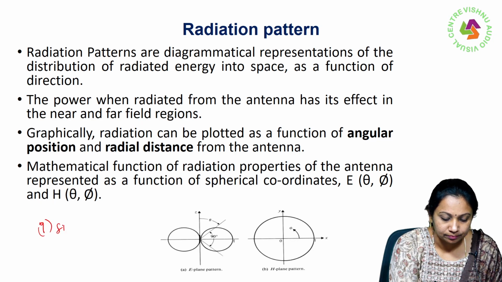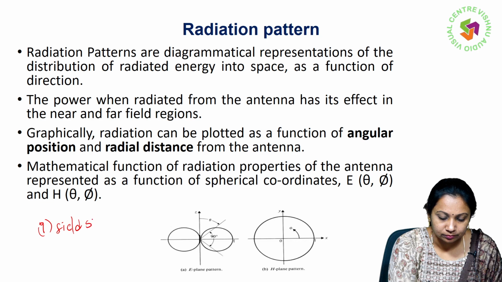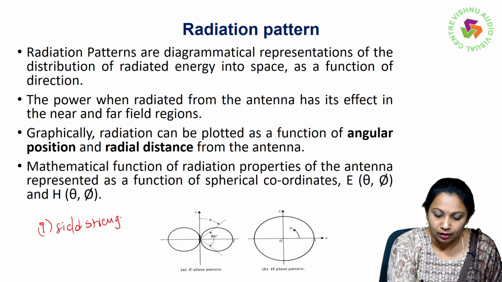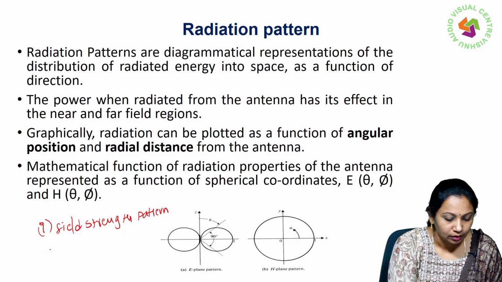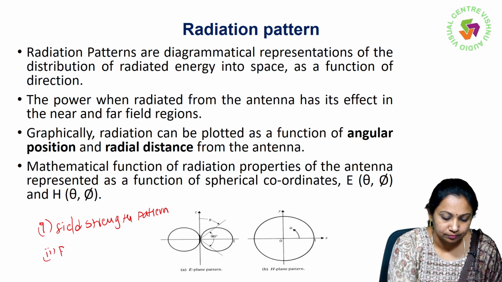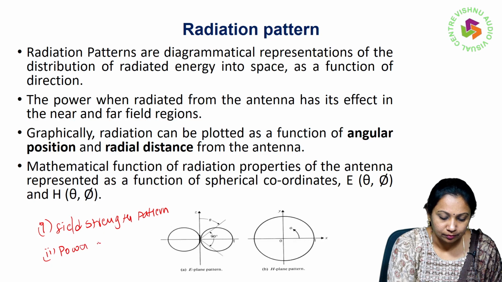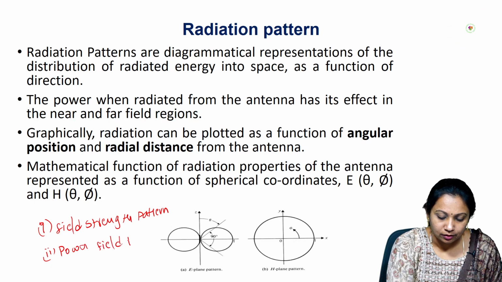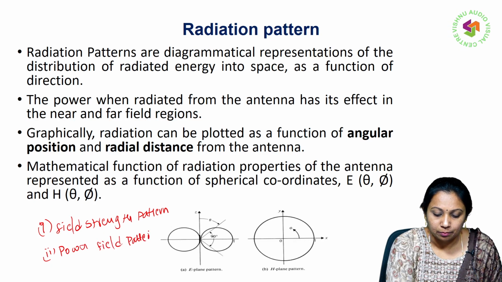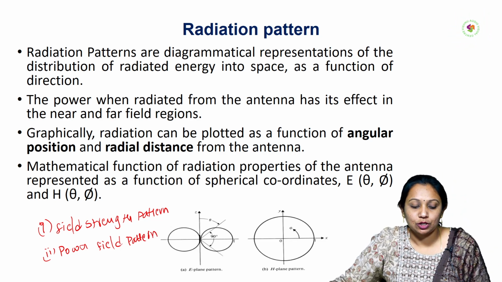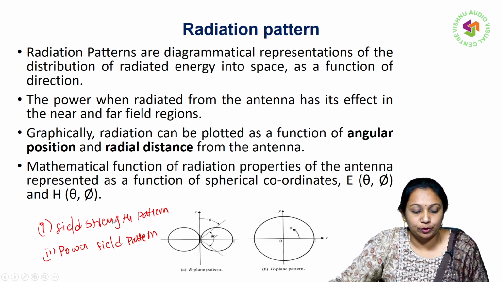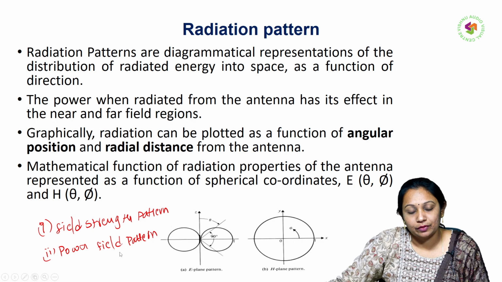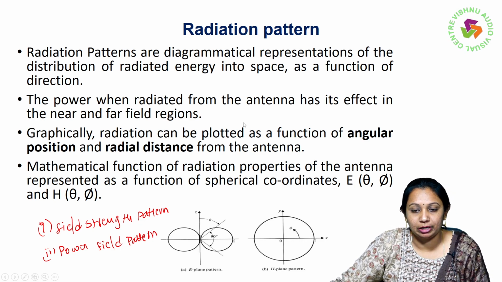The first one is the field strength pattern, and the second one is the power pattern. In the field strength pattern, purely the electric field and magnetic field are dealt with. The second one is the normalized power pattern.